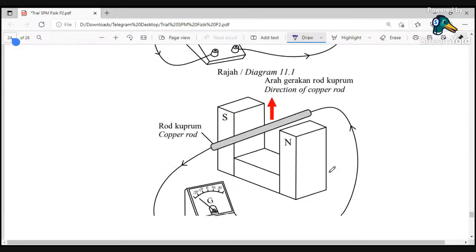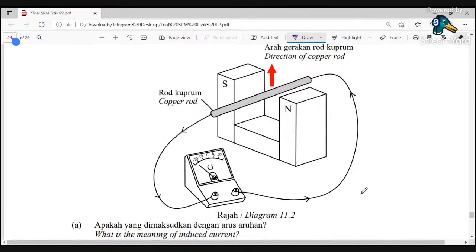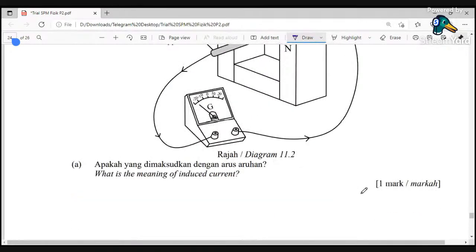What is induction? I hope you know the change in the magnetic flux produces current or induced EMF. What is the meaning of induced current?